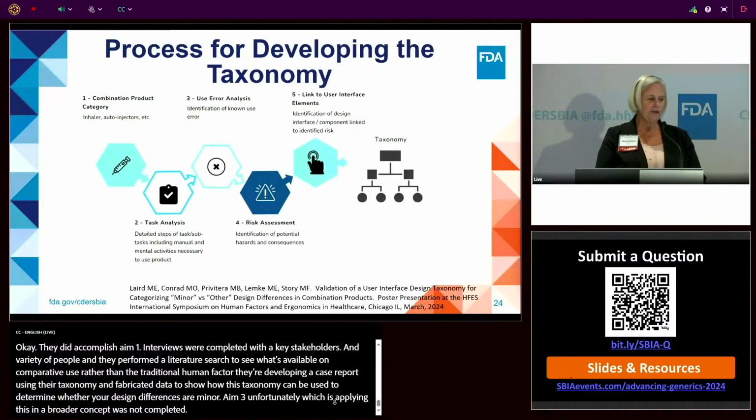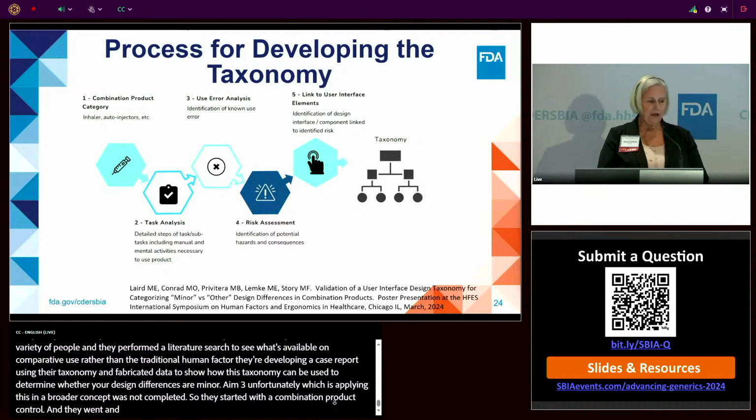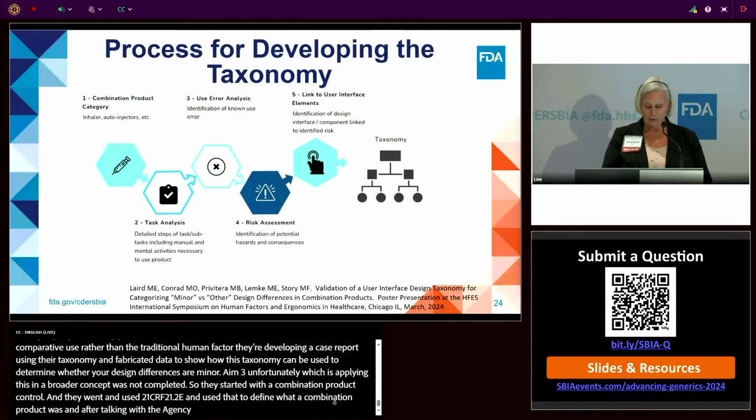They started with the combination product categories, and they used 21 CFR 3.2(e) to help define what a combination product was. And then after talking with the agency, they were able to prioritize which products they would look at in more depth.